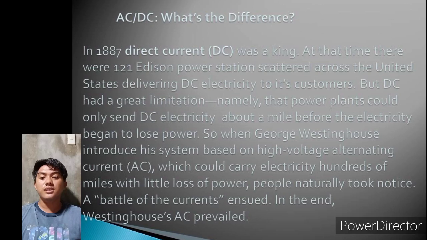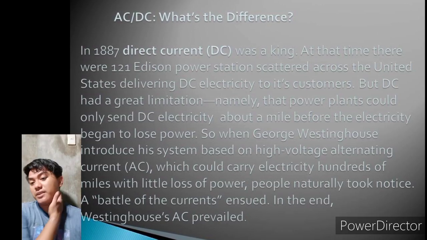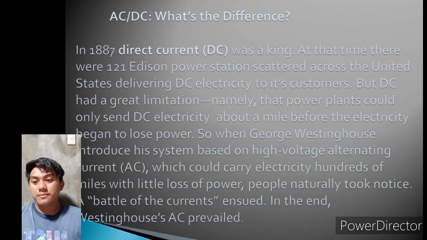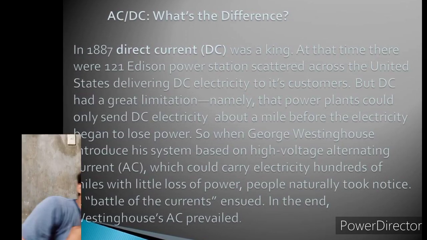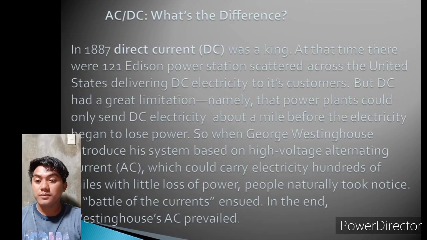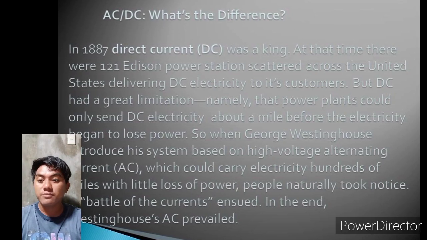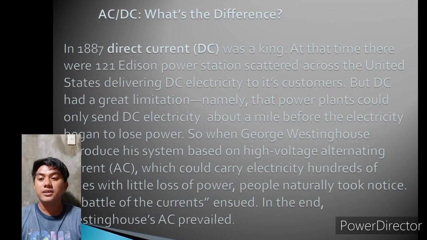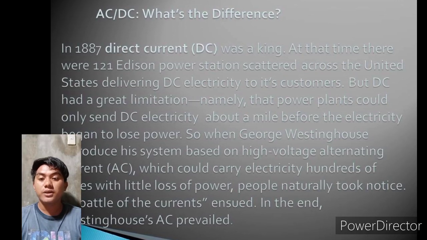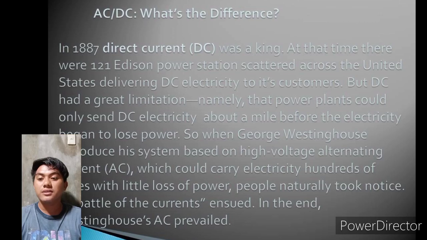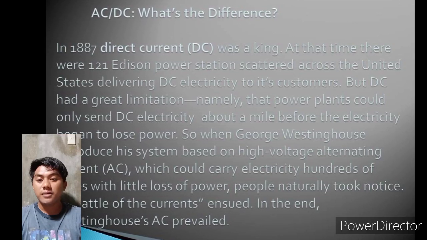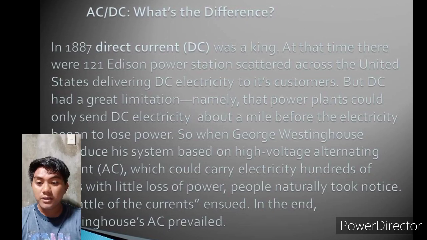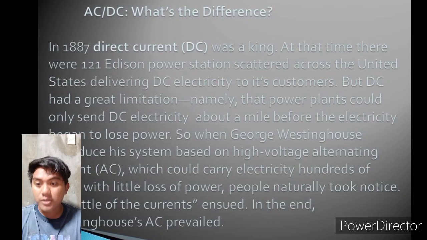AC to DC, what is the difference? In 1878, direct current, or DC, was king. Edison power stations were scattered across the United States delivering DC electricity to customers, but DC had a great limitation, namely that the power plants could only send DC electricity about a mile before the electricity began to lose power.